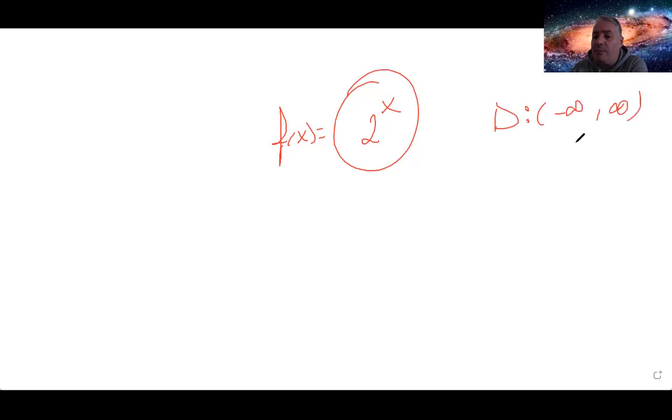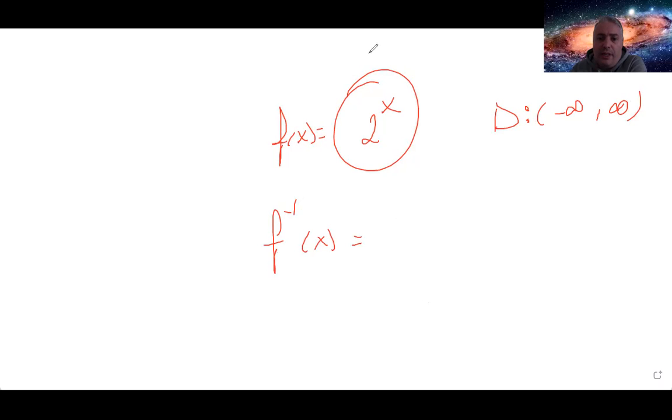When we talk about 2 to the power of x, my original function, f function, what is the domain? Domain is from negative infinity up to positive infinity. And what about its inverse? Domain will be my range.